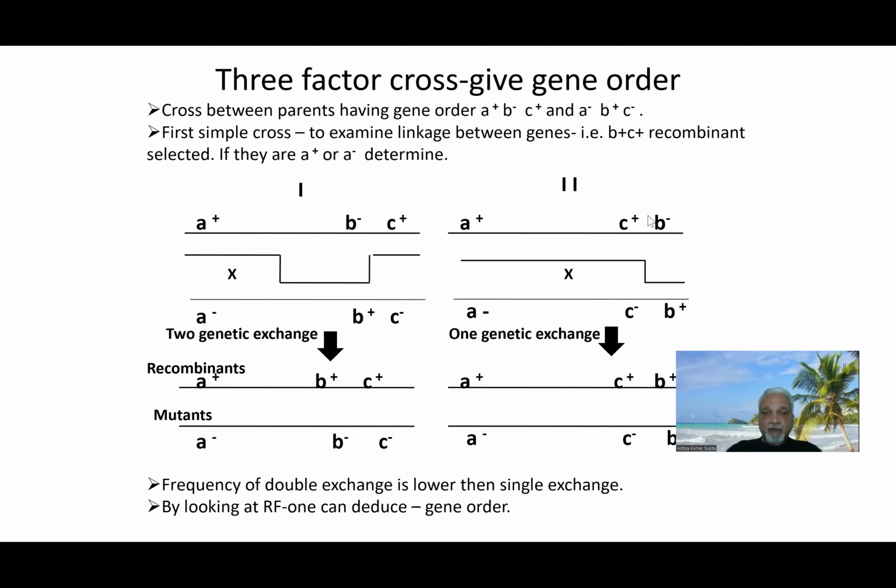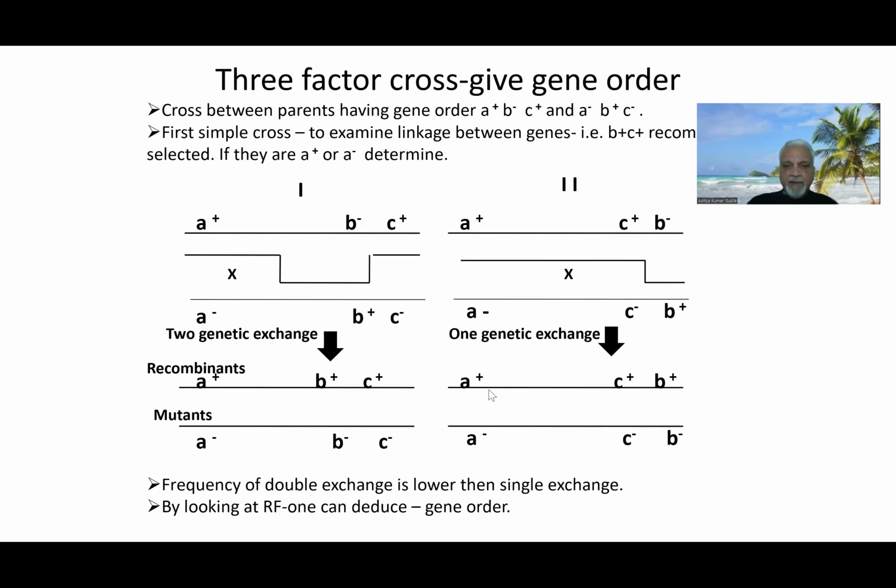So what we are trying to see is that B and C are closer to each other as compared to A. When we get this B plus C plus, or we get that A plus B plus C plus phenotype, and similarly here you get A plus C plus and B plus, you get a recombinant wild type phenotype and a triple mutant basically.